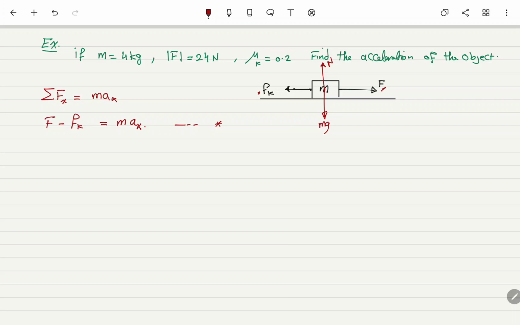Now on Y, the sum of all forces on Y is equal to 0, since the object has no acceleration on Y. In this case, the normal force is equal to mg, and from this we can calculate Fk, which is equal to mu k N, or Fk equals mu k mg.